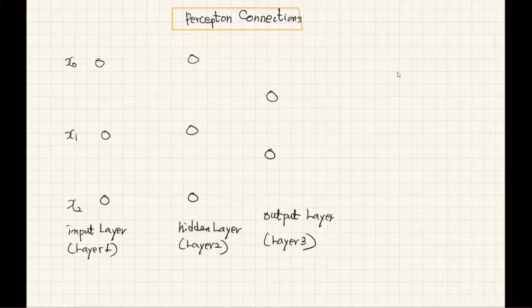In a real case, there might be billions of perceptrons designed into a single deep neural network. But to develop the concept and structure of the perceptron, let me start with these 8 simple cases. We have one input layer, one hidden layer and one output layer. That means we have a 3-layer structure.